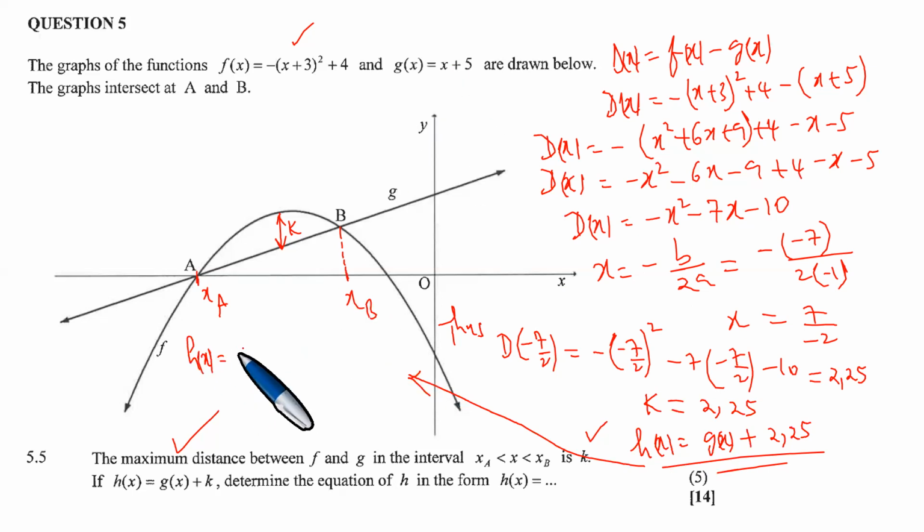It's X plus 5. So you put X plus 5, plus 2.25, which means H of X is X plus 7.25. That is the answer. And so we have solved this problem.